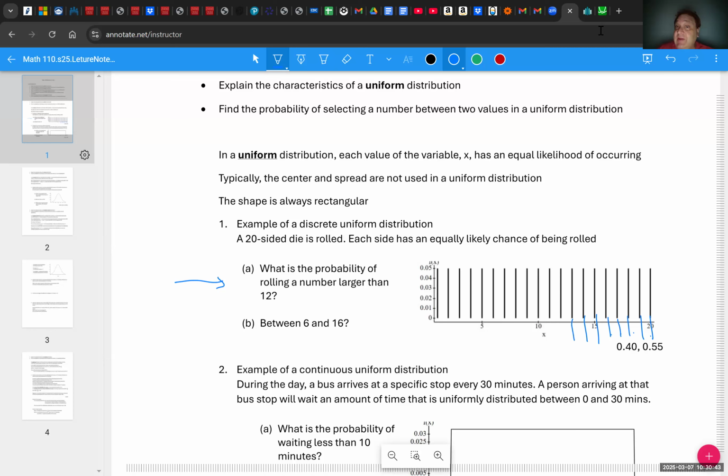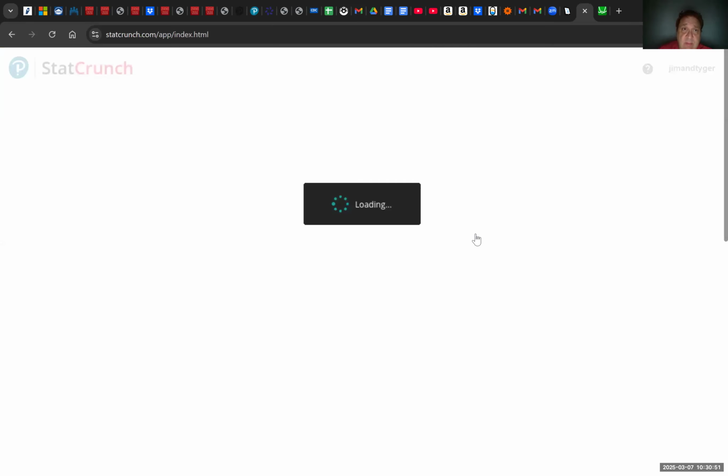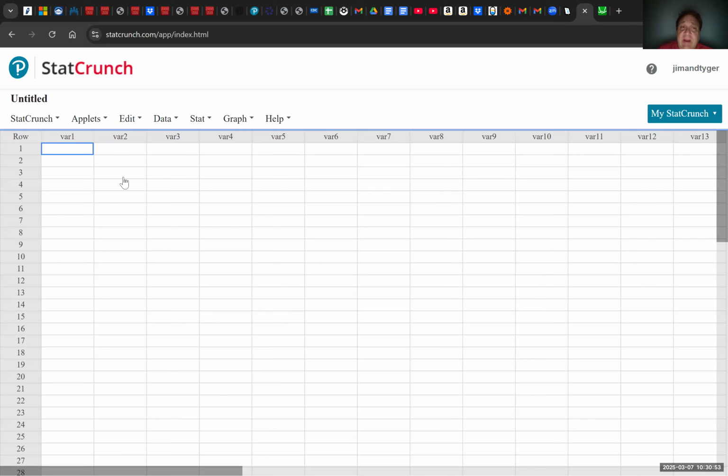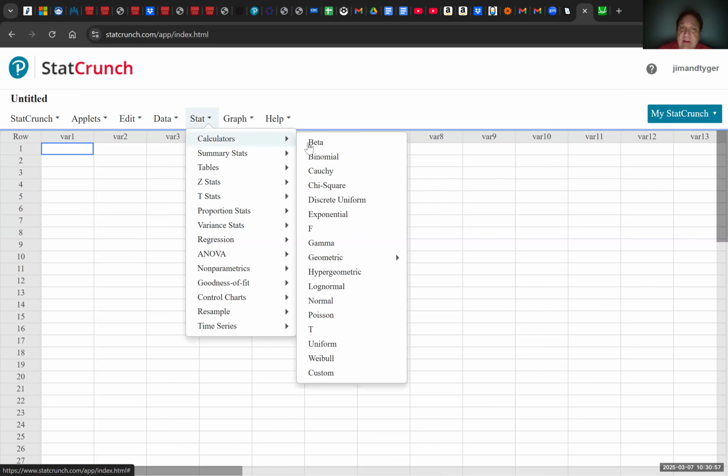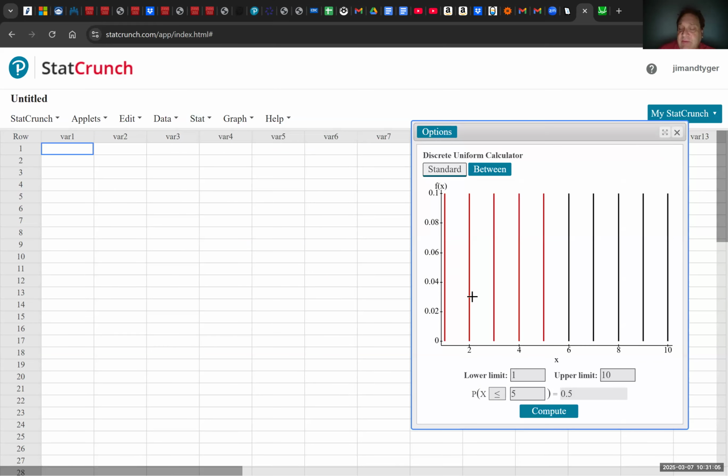I do want to show you how StatCrunch does this, because sometimes counting is inconvenient or messy. If I go over to a StatCrunch worksheet and go to Stat, Calculators, these are all alphabetical, and you can see discrete uniform distribution right here. So there's my discrete uniform distribution.